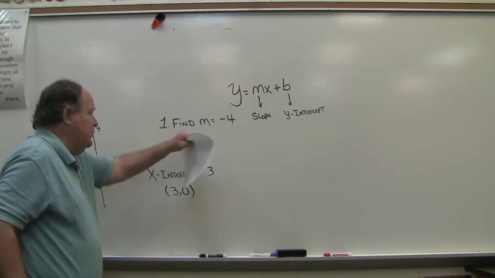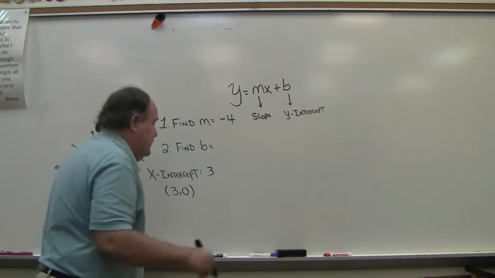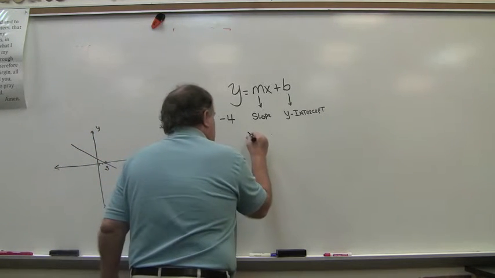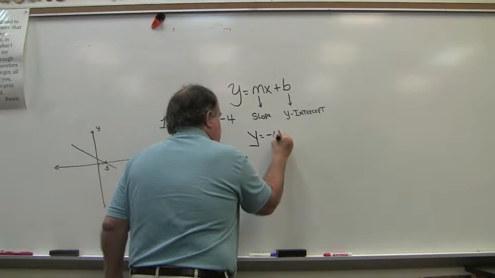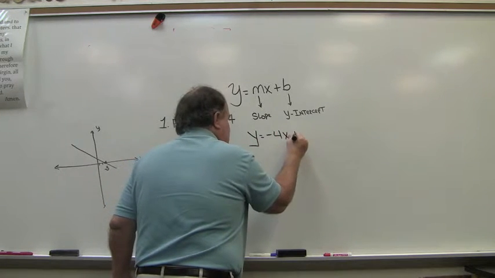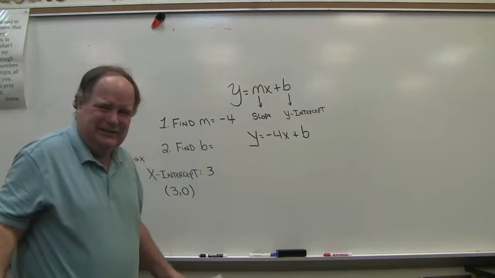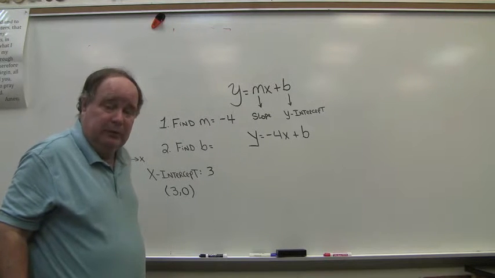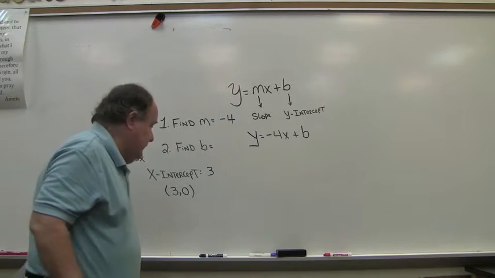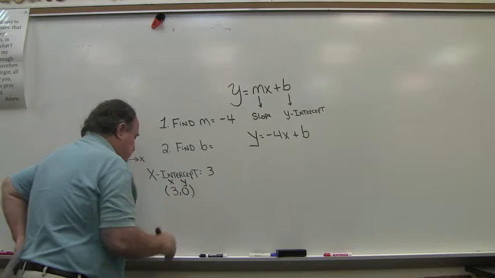Okay, now since we already have m, we're going to rewrite our equation and plug in what we have. y = -4x + b. Now we're kind of stumped. What can we do next? Well, if you remember, anytime you have a point, you have an x value and you have a y value.